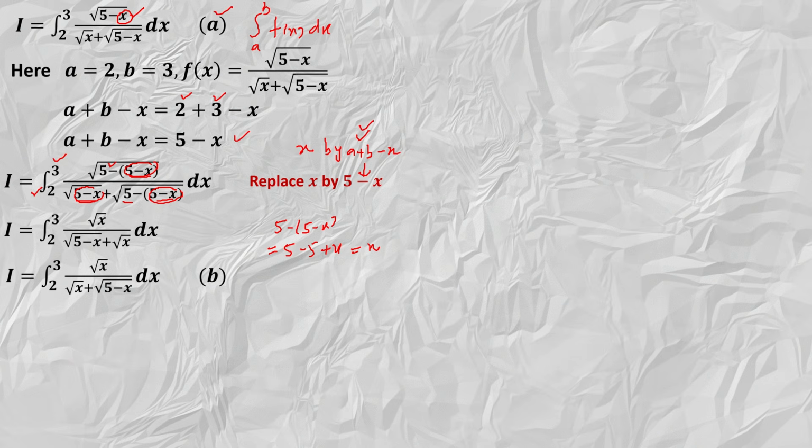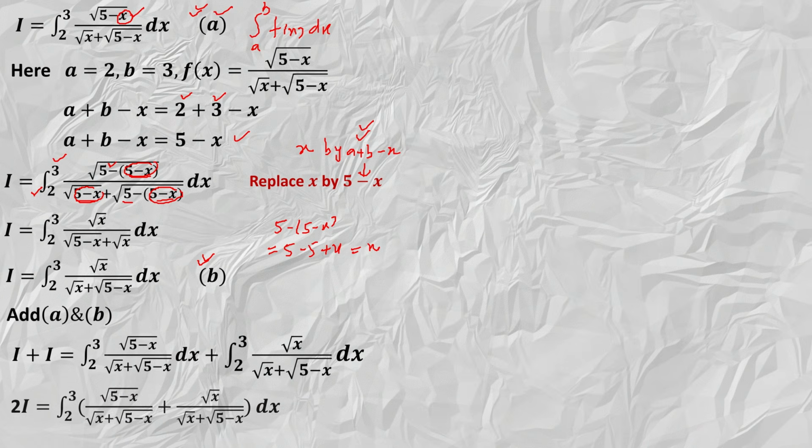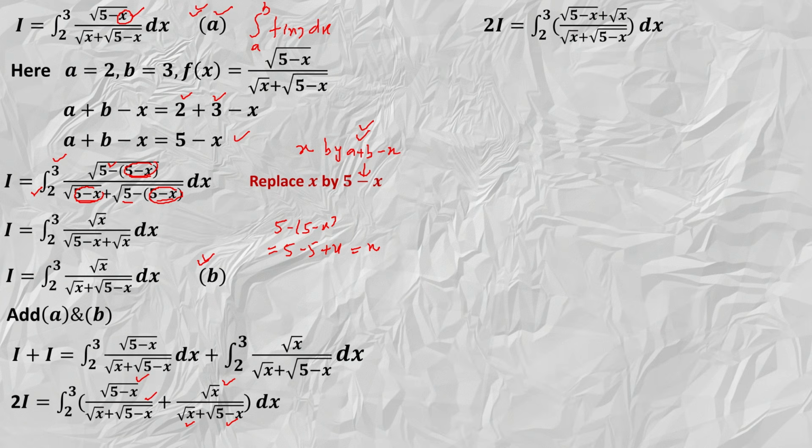Now we shall add expression A and expression B. And after adding, we get 2I is equal to integral from 2 to 3 of square root of 5 minus x over square root of x plus square root of 5 minus x plus square root of x over square root of x plus square root of 5 minus x. After taking the LCM and rearranging, we get 2I is equal to integral from 2 to 3 of square root of x plus square root of 5 minus x over square root of x plus square root of 5 minus x.